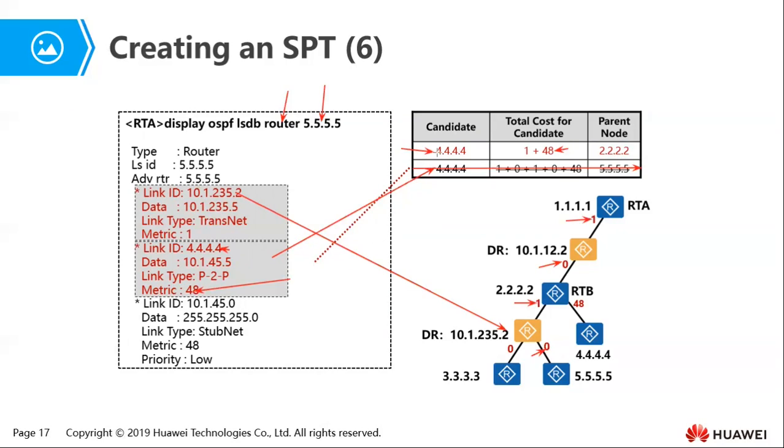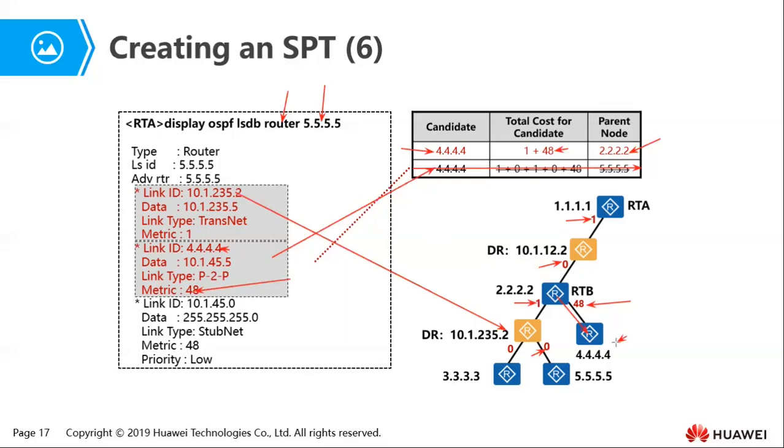After removing it, this is the only candidate in the list, 4. We now have to add this 4, but we have to add it on the parent node. The parent node is 2.2.2. So that's why 4 has been added here from the parent node, and the cost of that particular route is 49 total: 1 plus 0 plus 48.